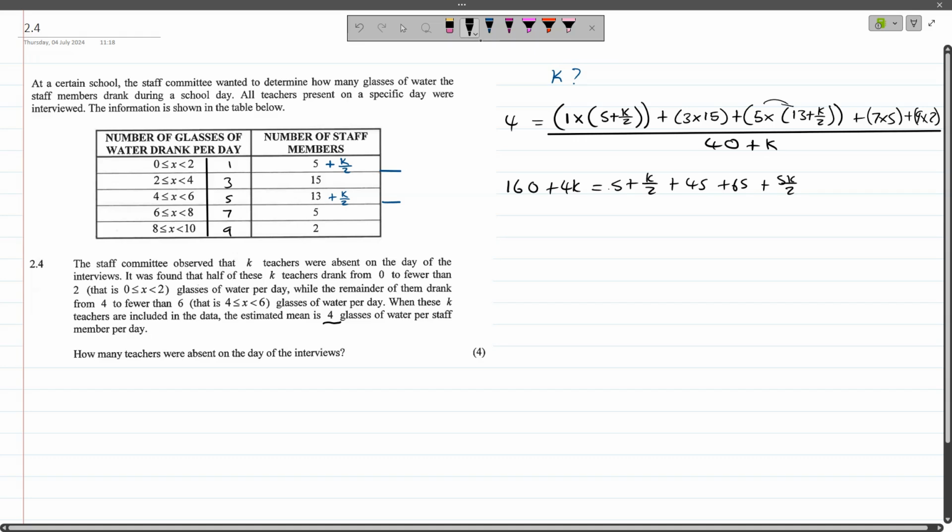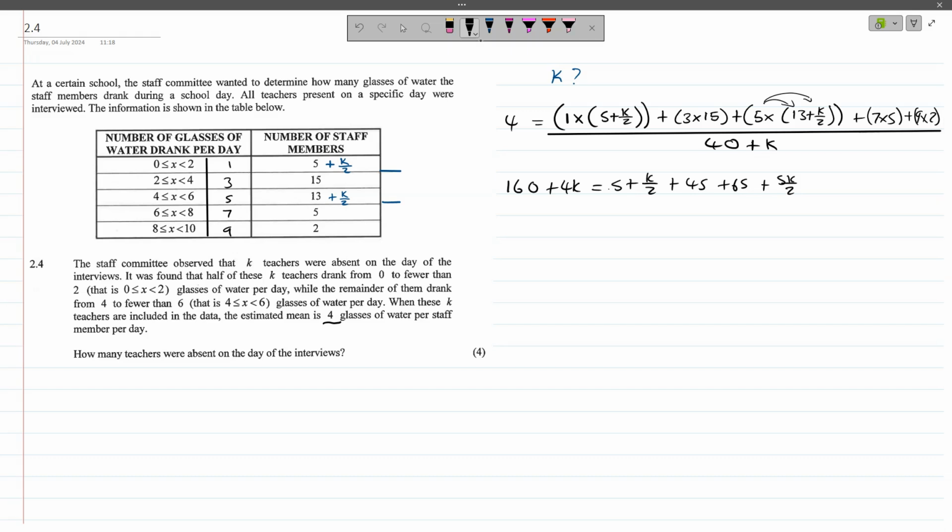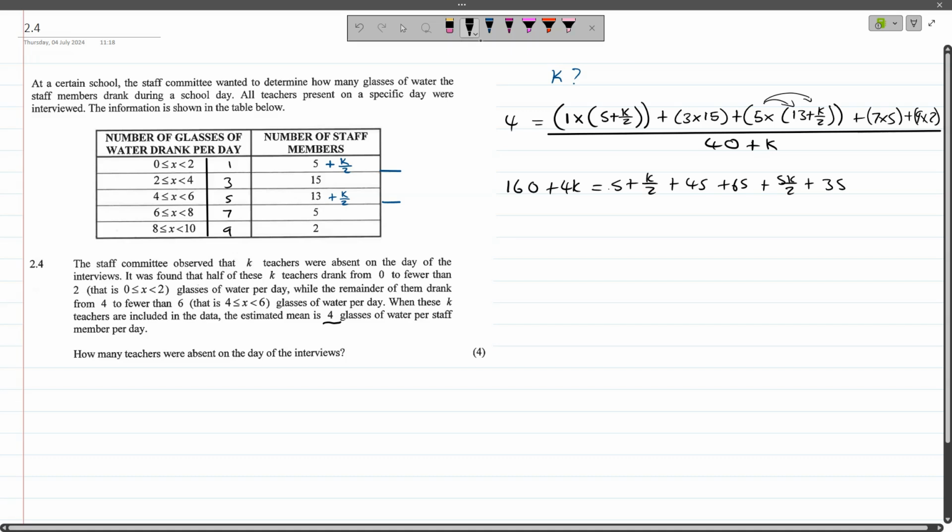I'm just multiplying these values in. 3 times 15 is 45, 5 times 13 is 65, 5 times K over 2 is 5K over 2, 7 times 5 is 35, and 9 times 2 is 18. And this is what we have so far.